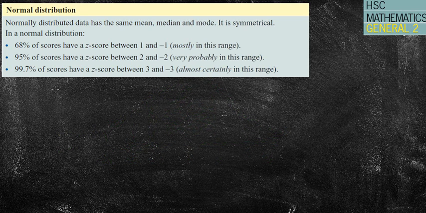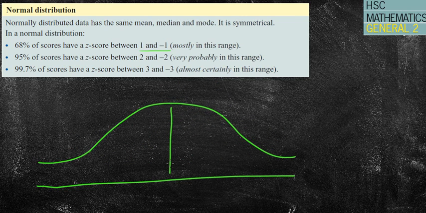So first of all, this is where they say 68% of all scores should be between 1 and minus 1 standard deviation. So when we're looking at this, I'm going to just draw up my normal distribution.